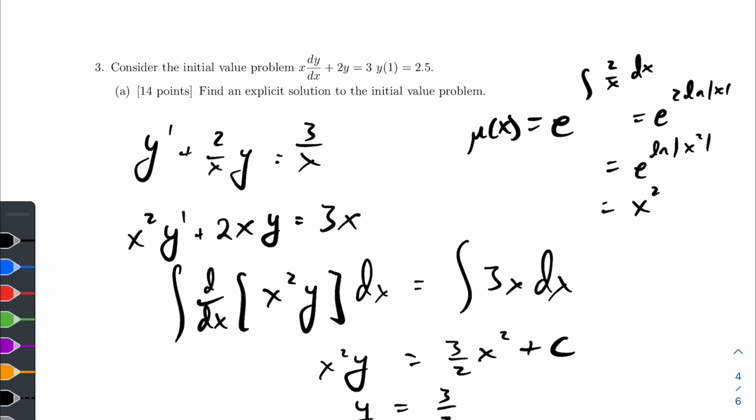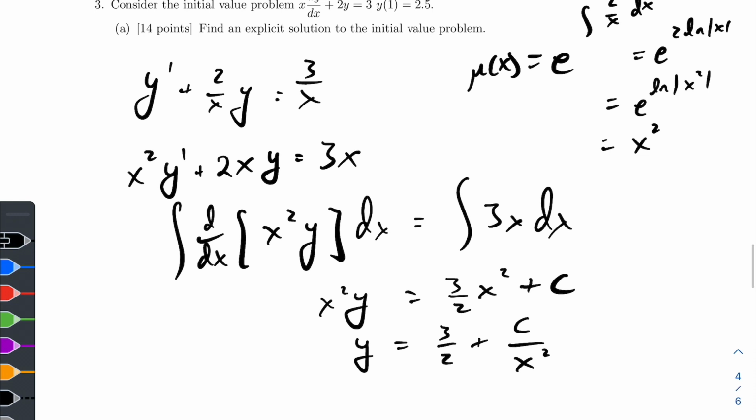So just dividing everything by x squared, 3/2 x squared divided by x squared is just 3/2 plus c over x squared. I can't just write plus c over here. Otherwise, I would just get y equals 3/2 plus c. That would be telling you that y is literally just a constant function, which is definitely not what's going on here.